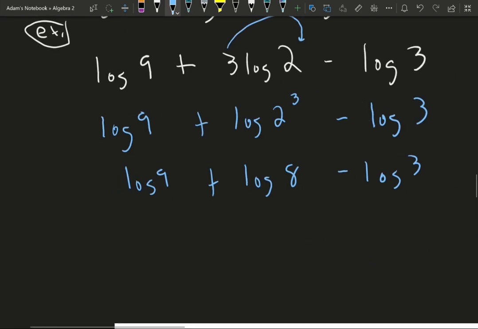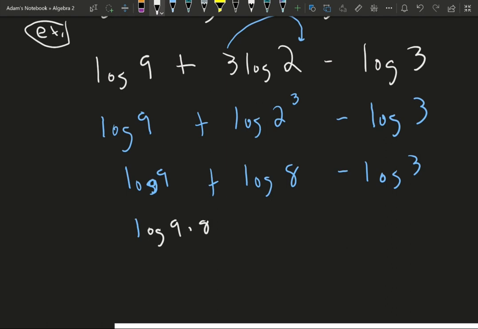Okay, so let's take a look here. So we have, and sorry about this bad handwriting, that is a log, that is supposed to be a G, all right? So log of 9 plus log of 8. I'm going to turn that from left to right. That's going to become log of 9 times 8.